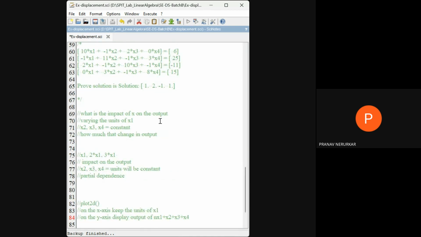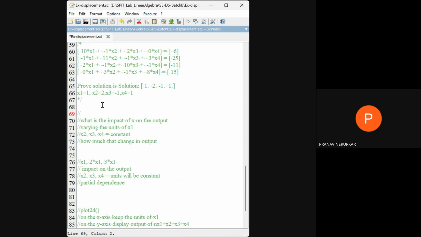Now that we have obtained the solution, x1 is 1, x2 is 2, x3 is -1, and x4 is 1. Now we have to plot the partial dependence of x1 on the output.